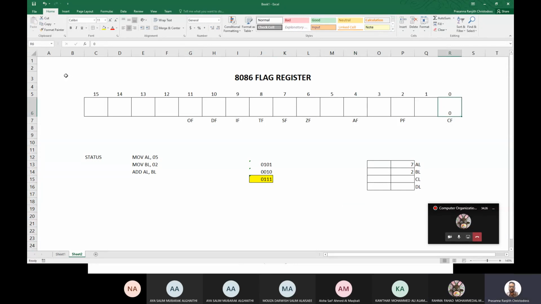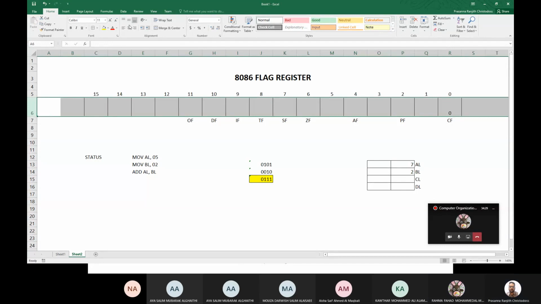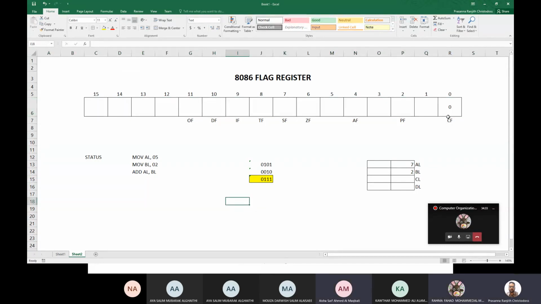Do you get me? Okay. When will carry be set? For example, I'm going to have 05, and I'm going to move this into BL also. What happens now?